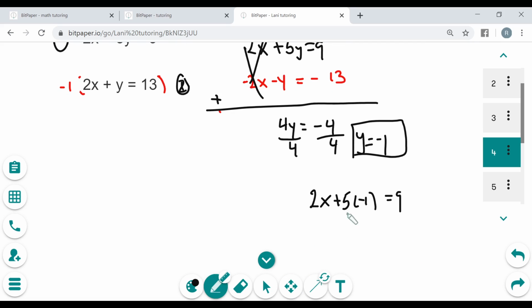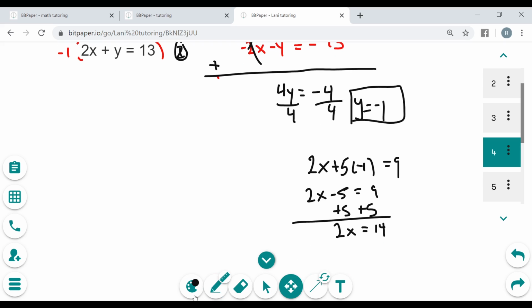If we simplify, we get 2x minus 5 equals 9. I'm going to add 5 to both sides. Then I get 2x is equal to 14. And finally I'm going to divide both sides by 2, and I am going to get x is equal to 7.